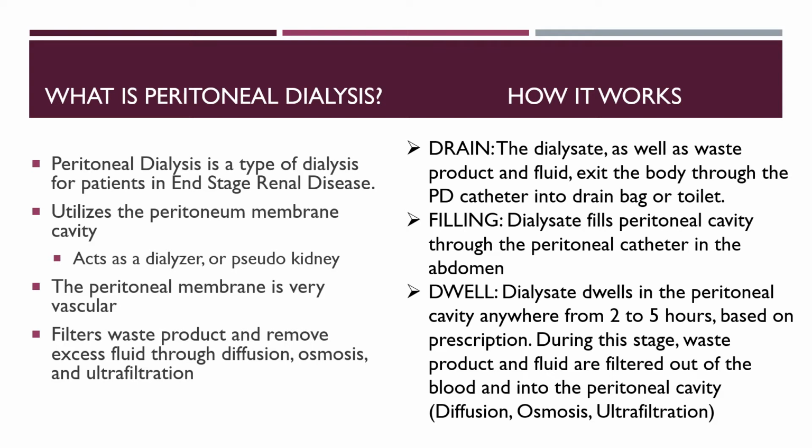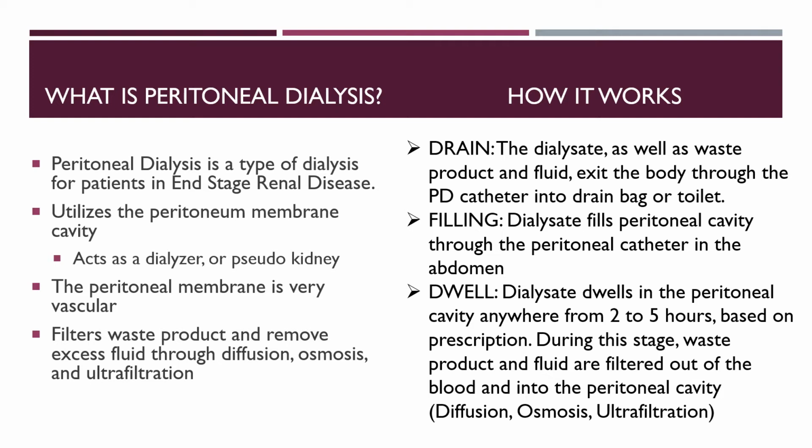Filling. Based on patient weight and edema, a dialysate solution is chosen. All dialysate removes waste the same, but not all ultrafiltrate the same or remove excess fluid the same. Dialysate fills the peritoneal cavity through the peritoneal catheter in the abdomen.